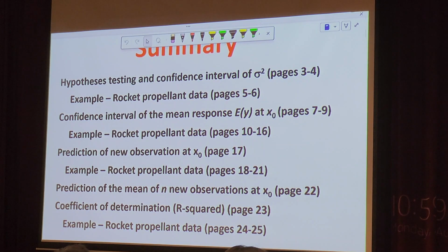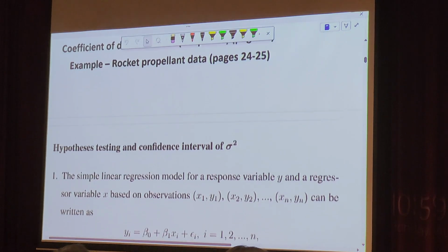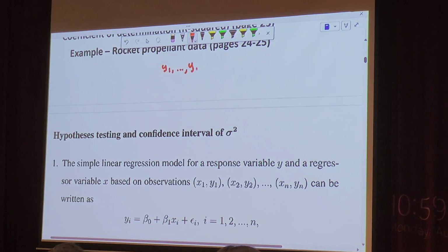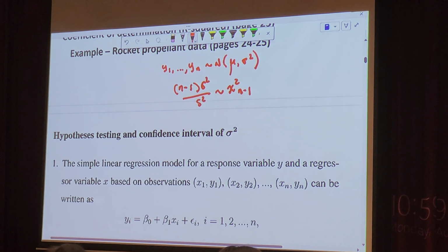Now, this first one is actually related to what you learned earlier. Let's go back to the simple model, the simple distribution that you learned in an elementary module. N minus 1 times S squared over sigma squared is chi-squared with n minus 1 degrees of freedom.